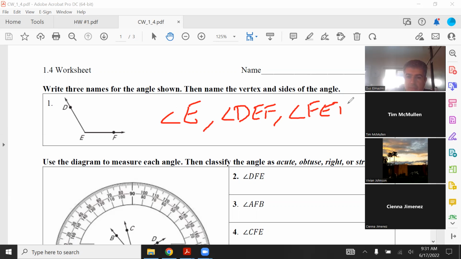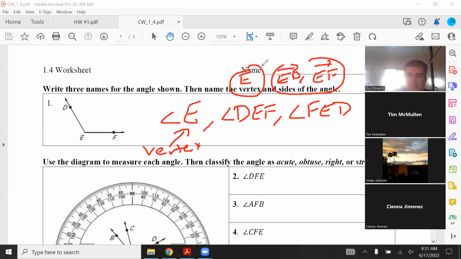So you do have the freedom of just putting a single letter, the vertex, or you could use the other 2 points, and you can go in any order, DEF or FED, but E's got to be in the middle still. The vertex is E, and the sides are ray ED and ray EF. You have to remember them as rays, just so you know.